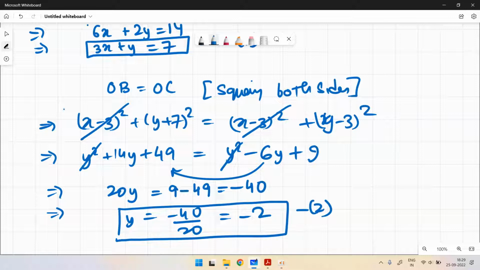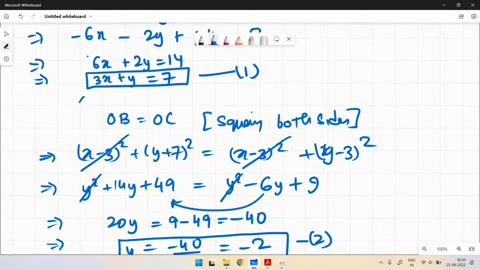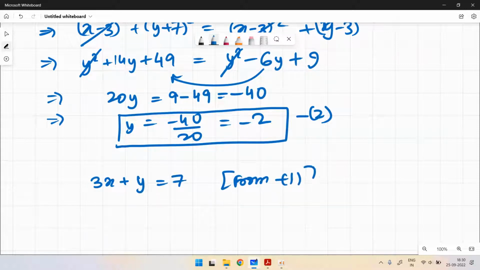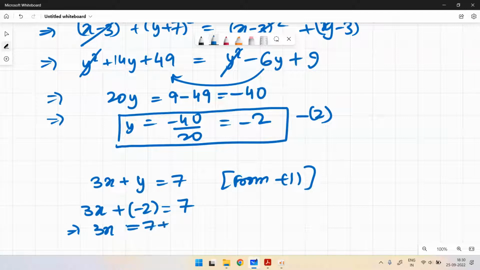So the value of y is minus 2, and this is my equation 2. If I substitute the value of y in equation 1, 3x plus y equals 7, what I will get is 3x equals 7 plus 2, 9, which implies that x is equal to 9 by 3, which is 3. The value of x is 3.